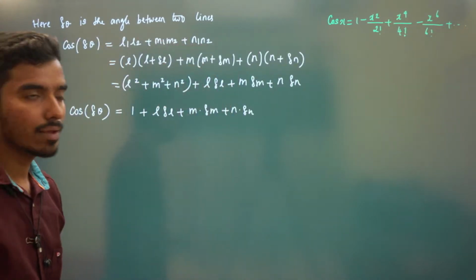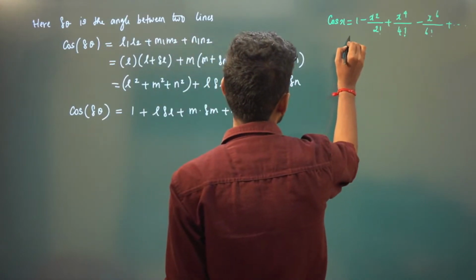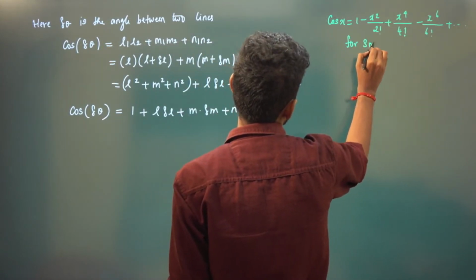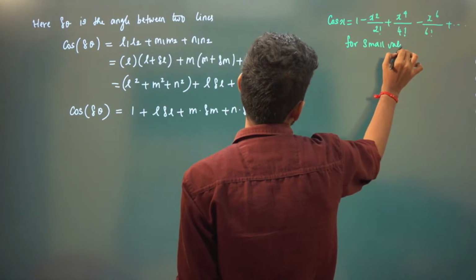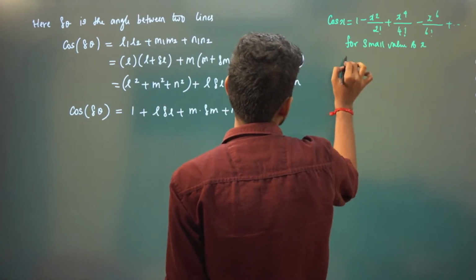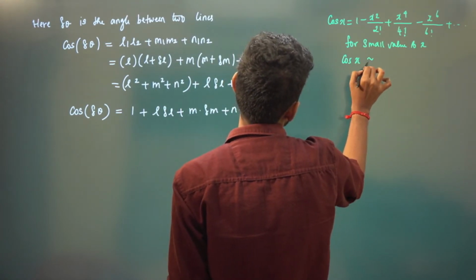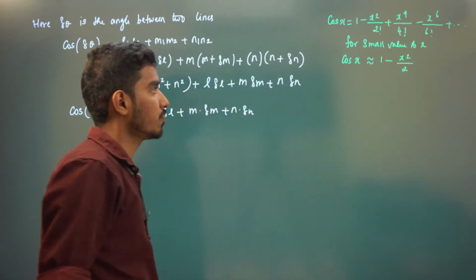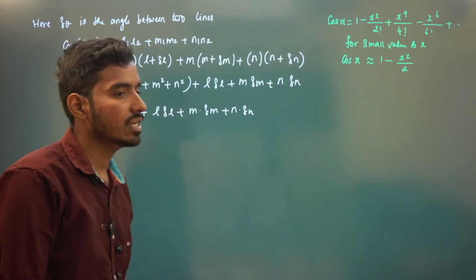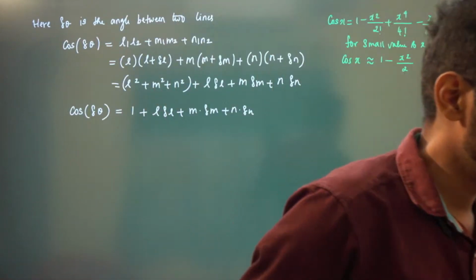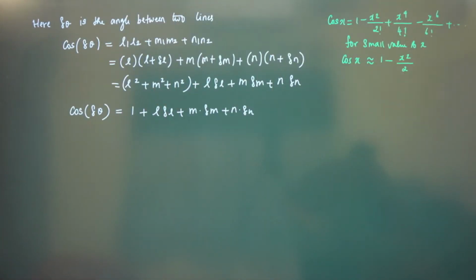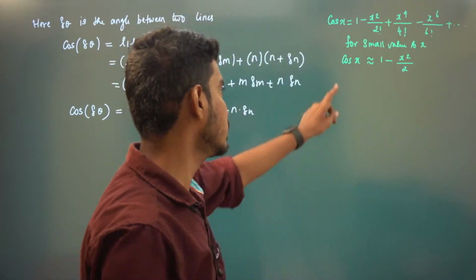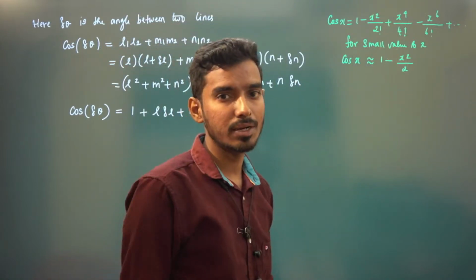Now if x is very, very small, for small values of x, this cos x is approximated to 1 minus x square by 2. That's it. If x is very small, then cos x is approximated to 1 minus x square by 2 factorial. This is very simple again.